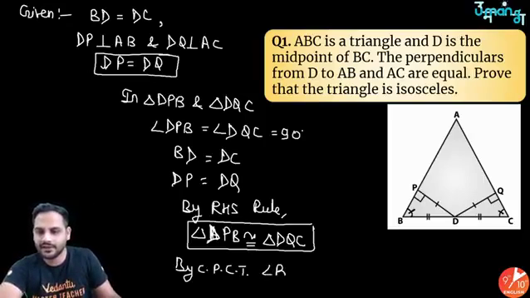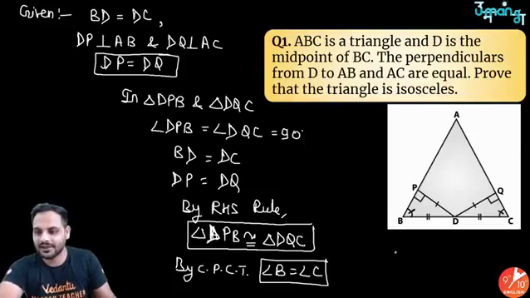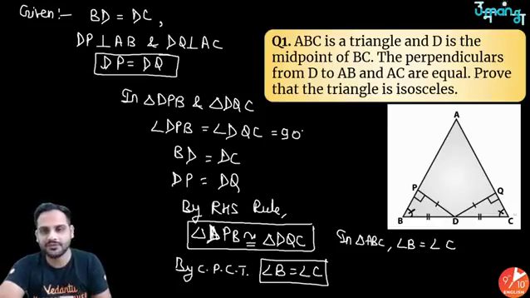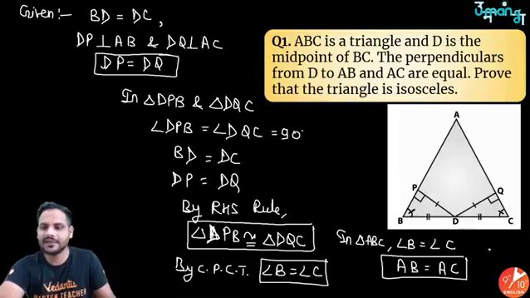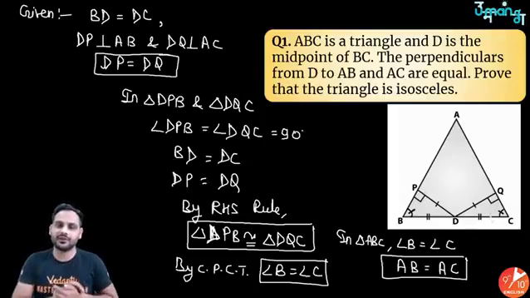Now tell me one thing: if angle B is equal to angle C in the large triangle ABC, two angles are equal. The sides opposite to them will also be equal to each other. Opposite to angle C we have AB, opposite to angle B we have AC. So AB is equal to AC by the isosceles triangle property, that if two angles are equal, the sides opposite to them will also be equal to each other.